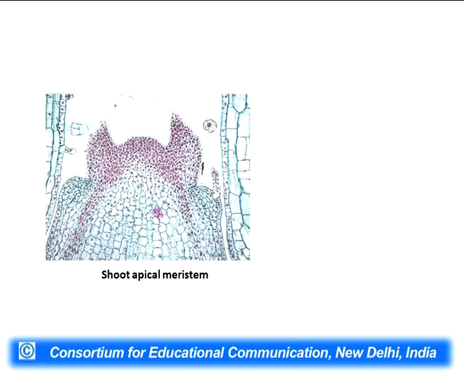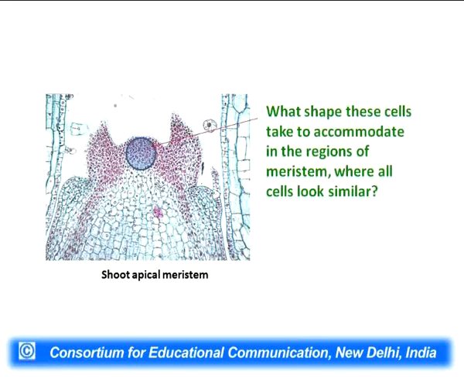Now, if you look into a mature stem or shoot apical meristem, this is a shoot apical meristem and you will find that there are a large number of cells which are highly compact, like you can see these densely stained cells. Now, just assume this area which is marked.